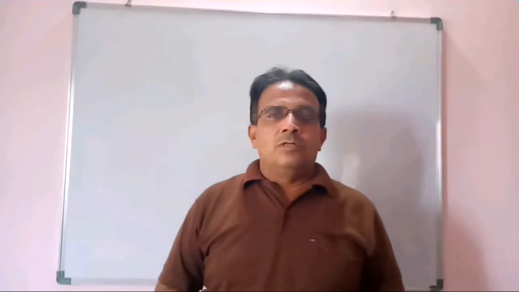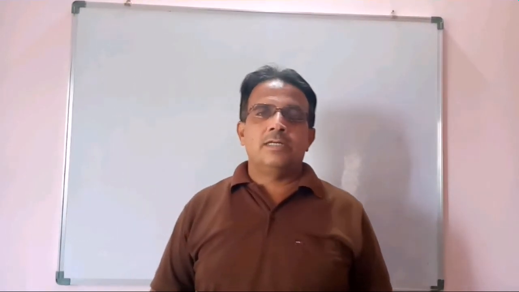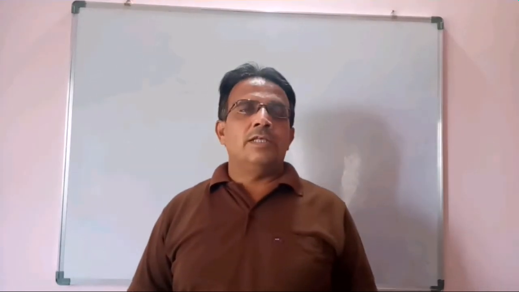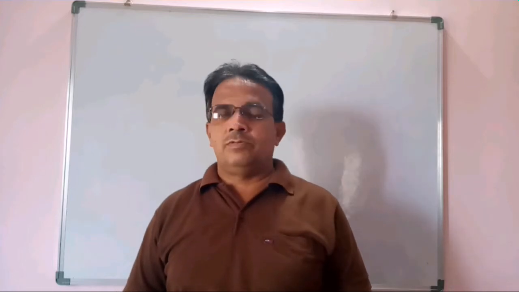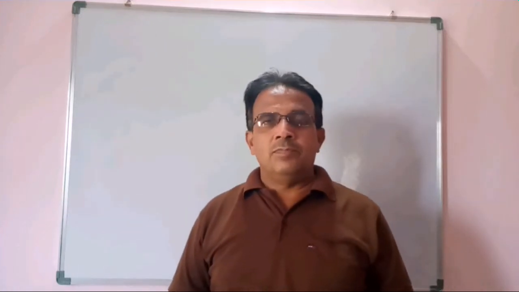Students, today we are going to start the conditions of a homogeneous second degree equation in x and y. The first condition is the auxiliary equation. The second condition is that the sum of the two slopes, m1 plus m2, equals minus 2h upon b.